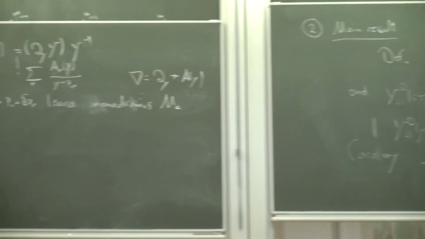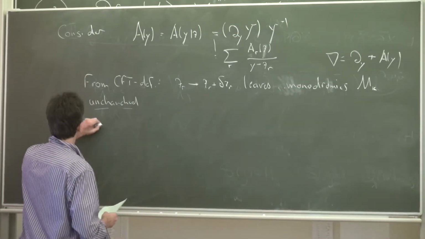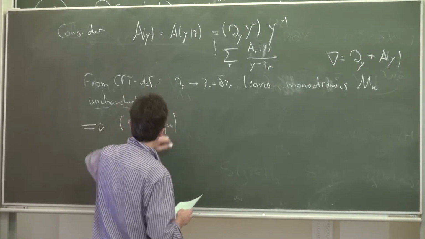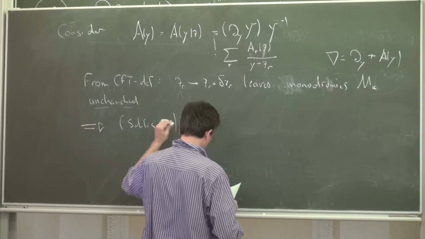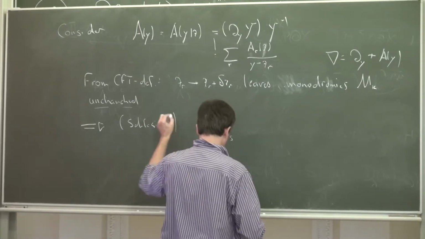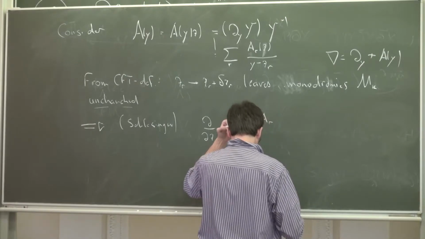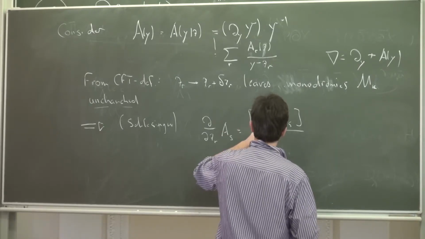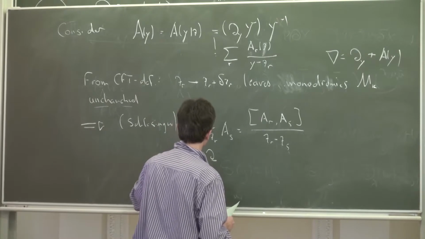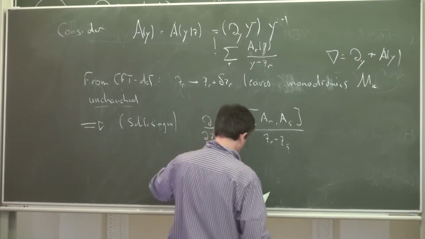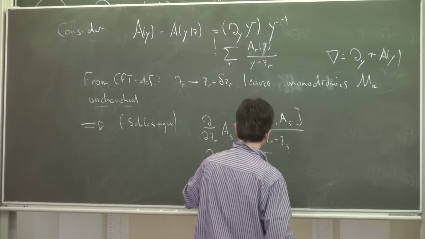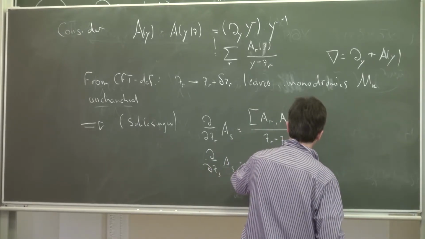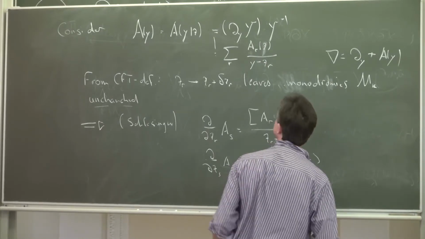Sorry, this was confusing. Yeah, and then it's a classical result, going back to Schlesinger, that this is equivalent to a system of partial differential equations, nonlinear in these parameters or in the unknowns A, these matrix valued residues: ZR minus ZS, d by dZS of AS is something very similar, minus a sum over R not equal to S, again commutator of AR and AS, over ZR minus ZS.